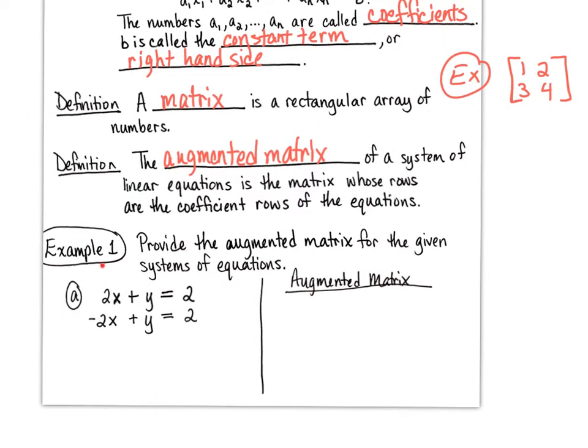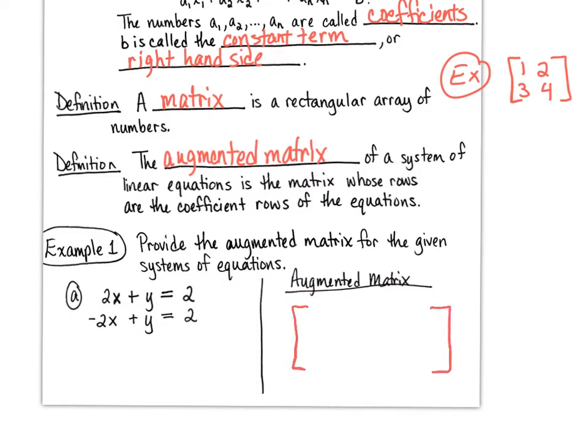For example 1, provide the augmented matrix for the given systems of equations. Here we have the system 2x plus y equals 2 and negative 2x plus y equals 2. The first row will be the coefficients of the first equation.